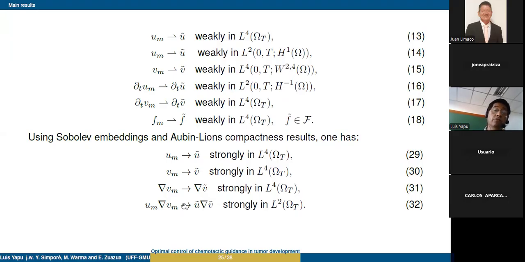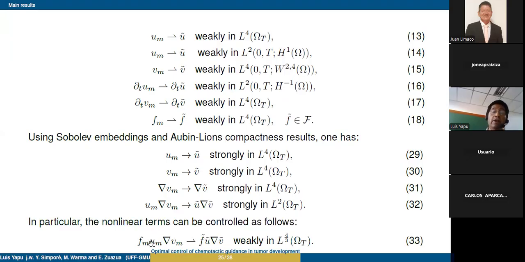We can do the product with the strong product, and this allows us to control the nonlinear term, f u gradient v. So you can show that this converges. We have this convergence, equation 33.